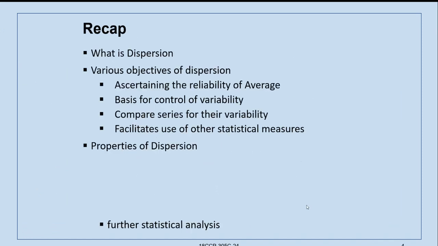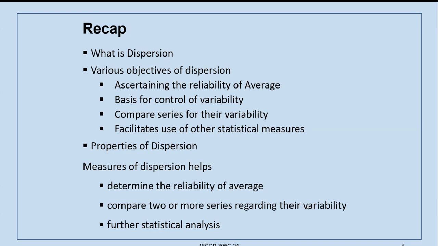To quickly recap or recollect what we have seen in the last lesson, we have seen about the dispersion, various objectives of dispersion, properties of dispersion, uses of measures of dispersion.